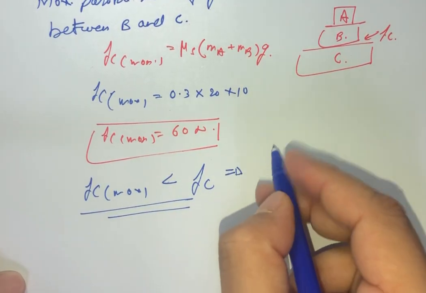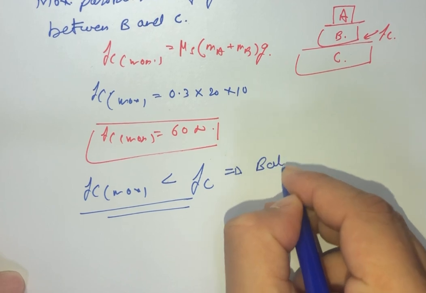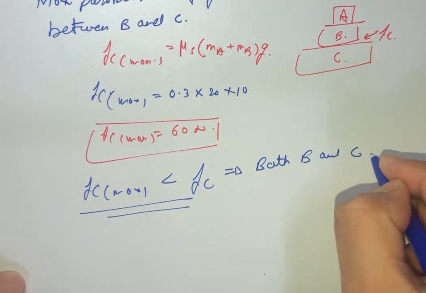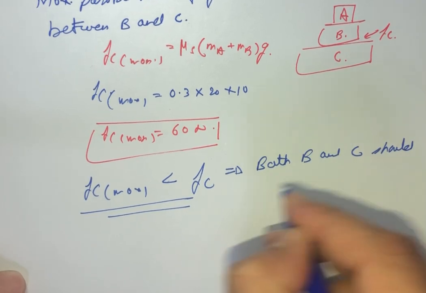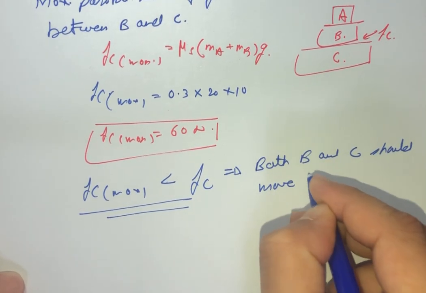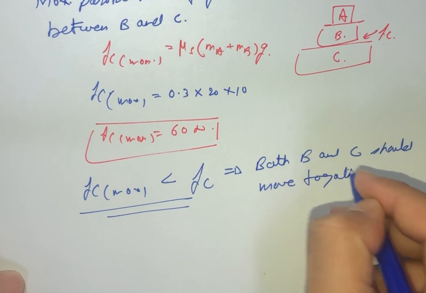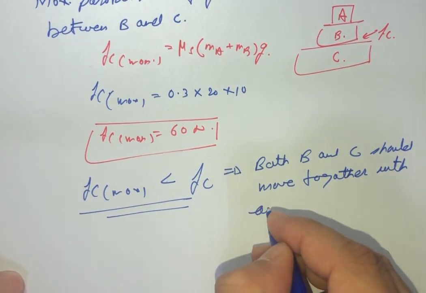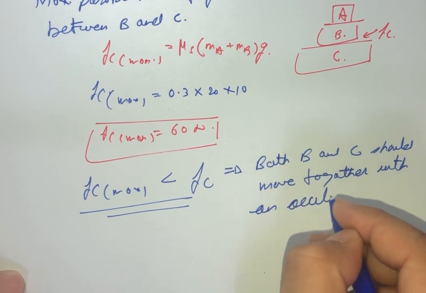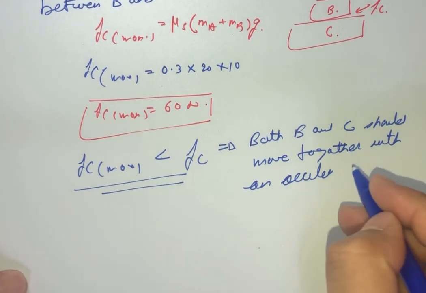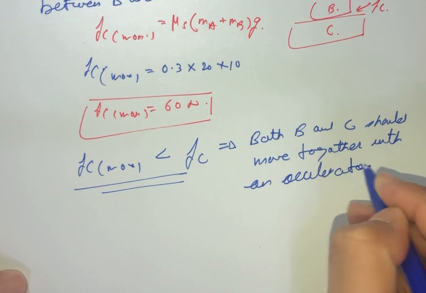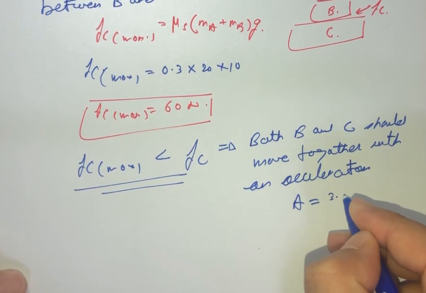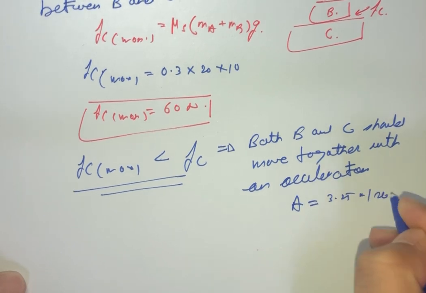So under this condition, both B and C should move together with an acceleration which is given as capital A, and that is equal to 3.25 meter per second square.